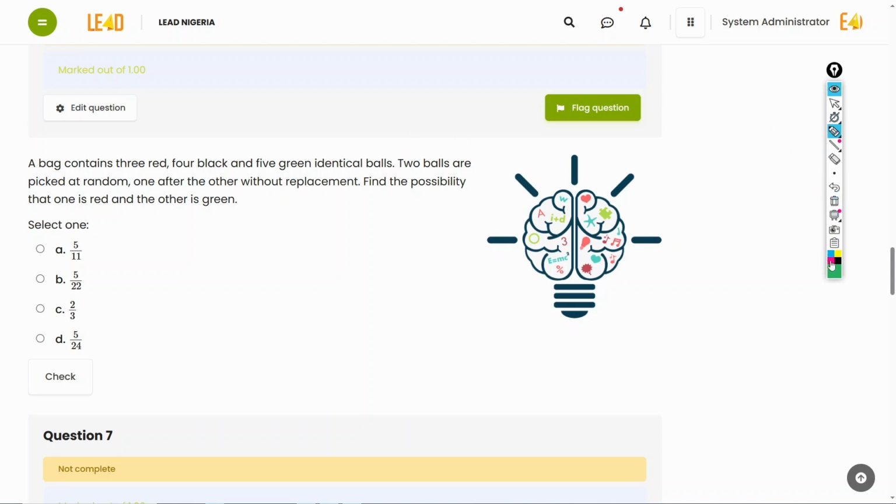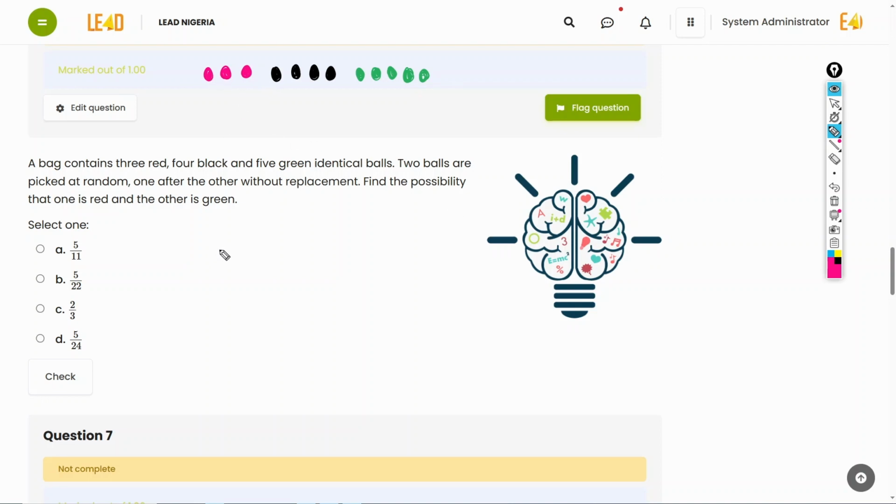Let me draw that. 3 red, 4 black, and 5 green balls. 2 balls are picked at random, one after the other without replacement. Find the probability that one is red and the other is green.